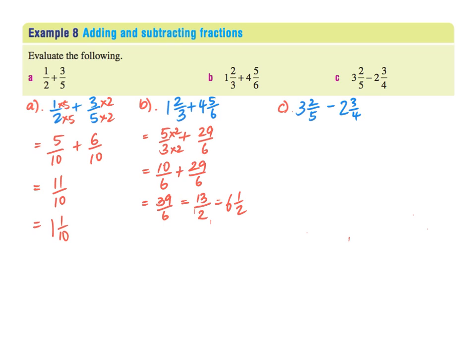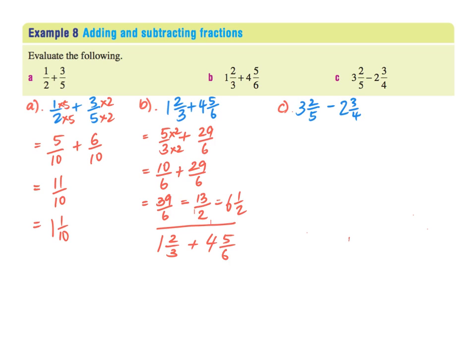Okay, the other way we can do this question is, if we didn't convert them to improper fractions, we can do a few special things. So we need the fraction part of the mixed number to have the same denominator.